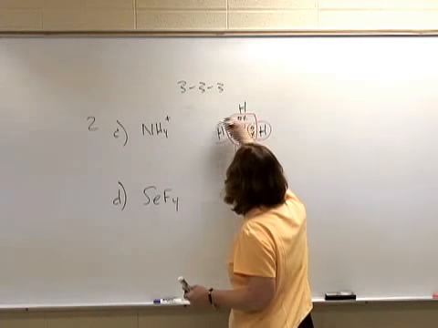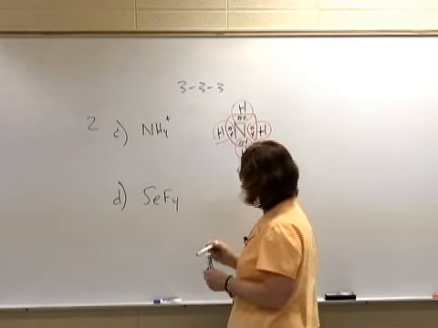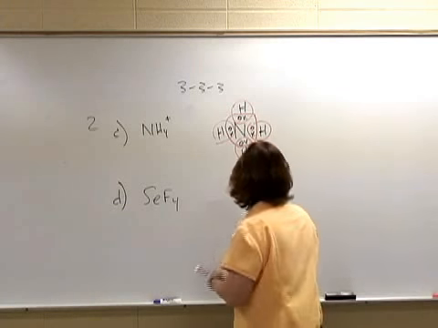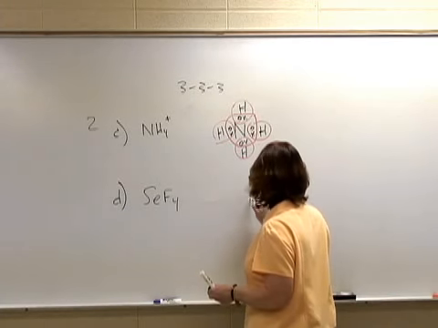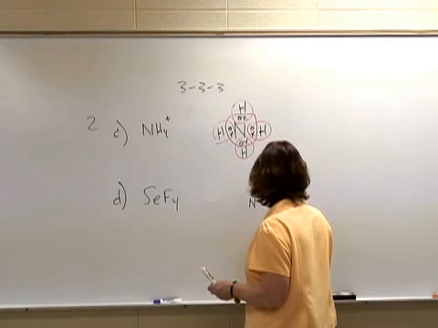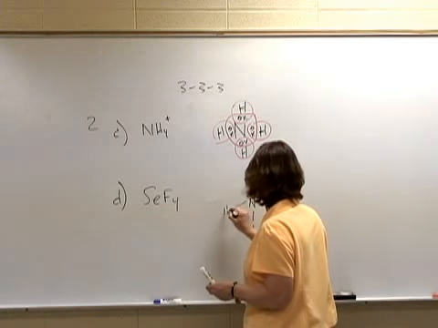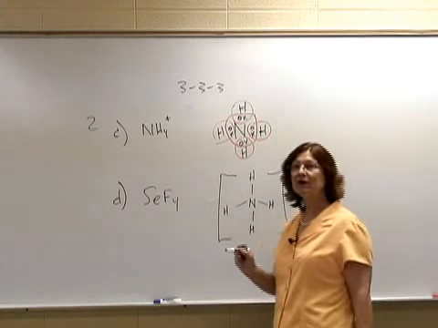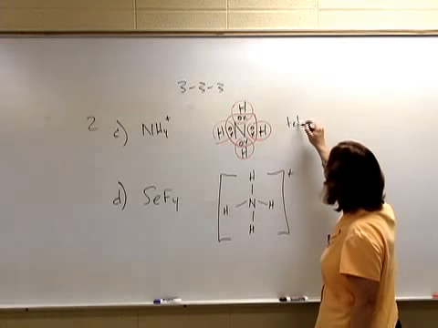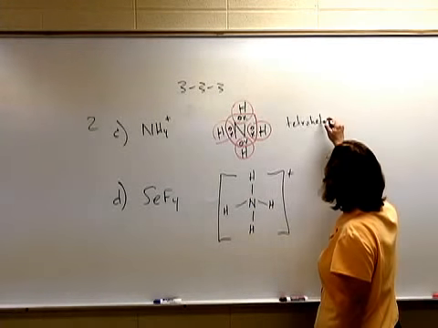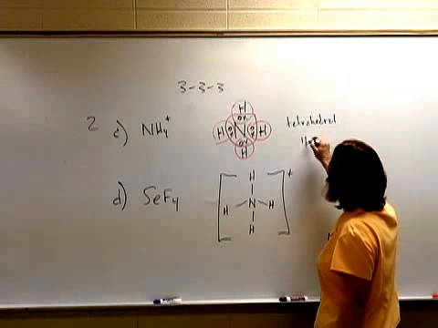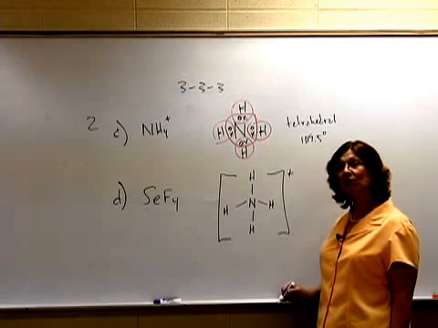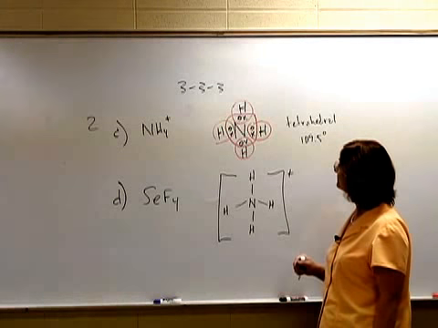It likes the duet. And when we draw the line structure, then we have to show that charge on the outside, that we took care of that. And therefore, it is tetrahedral, and 109.5 degrees. And it is polar because it is charged.